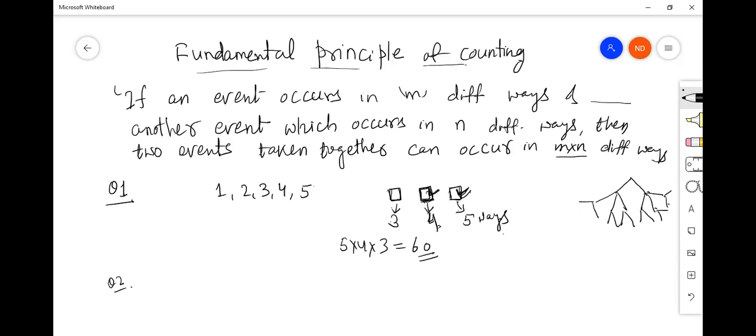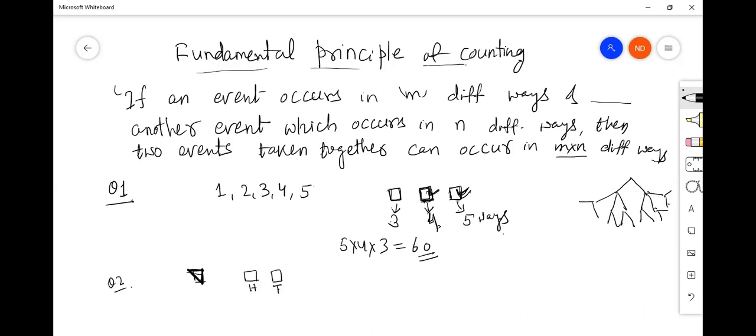Now you see how it comes. You have the first coin, you are tossing the coin, so you are getting either head or tail. So for the first coin, how many possibilities? Head or tail.